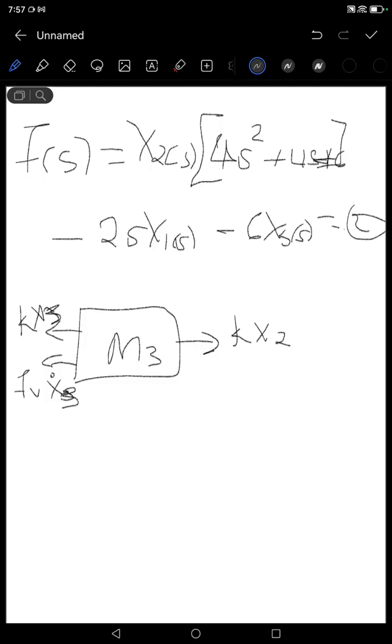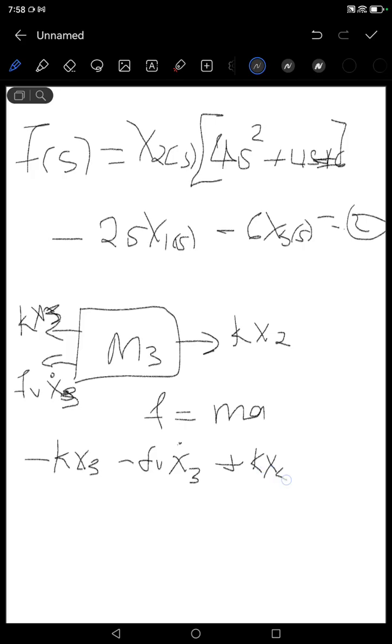And now from here we can do what? The equation of motion. F is equal to ma. So we're going to have negative k x3 minus Fv x3 dot plus k x2 equals m3 x3 dot dot.